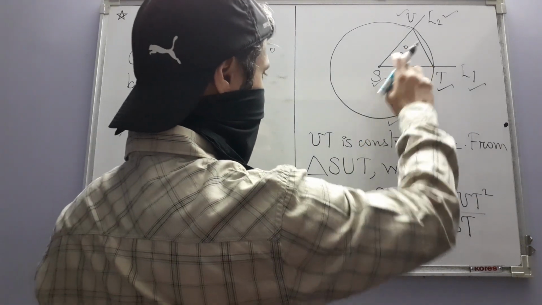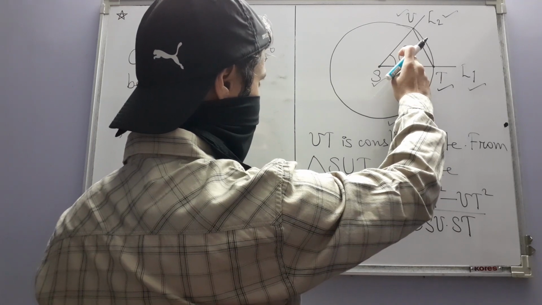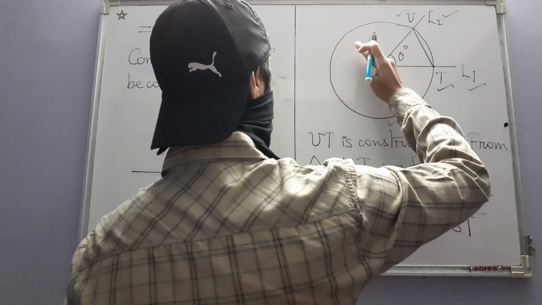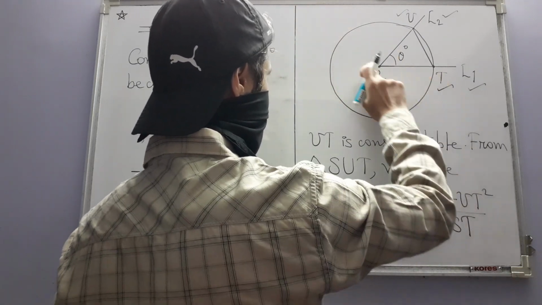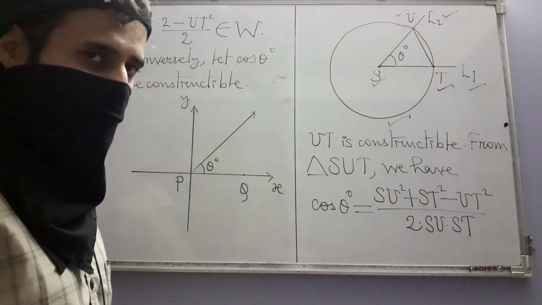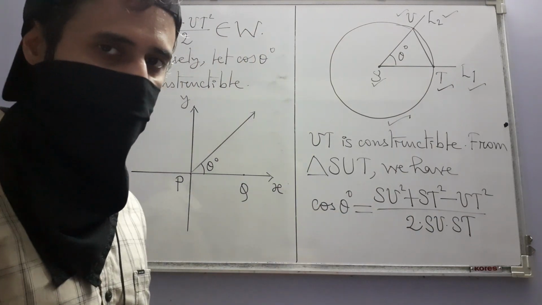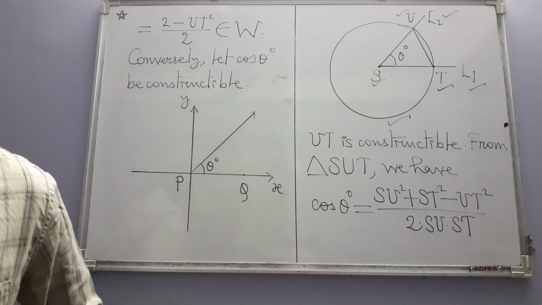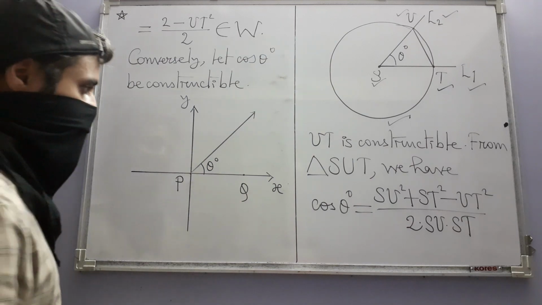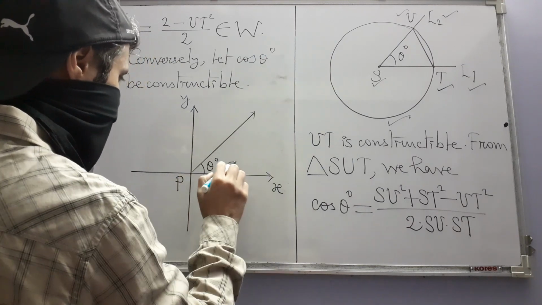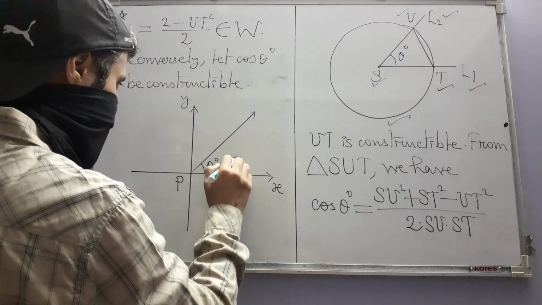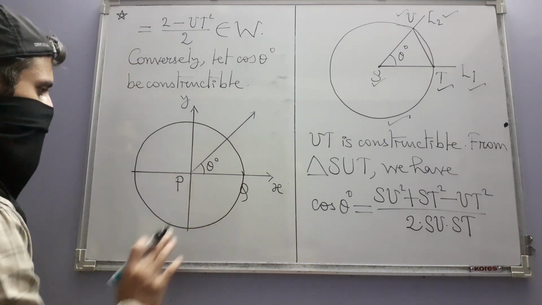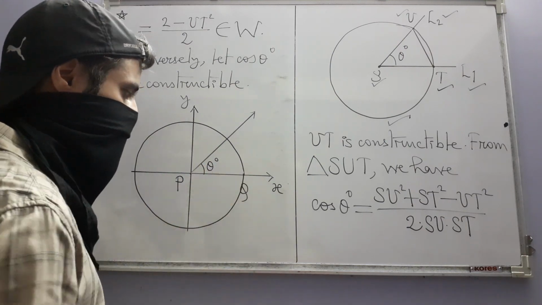You see, if our angle theta is obtuse in this part of the solution, then that triangle SUT will be like this, an obtuse angle triangle. That does not matter because the law of cosines is applicable to any triangle. Like that, here we have this case, say. Okay. Now what we do, here also, just like that one, we draw a circle centered at P and having radius 1.